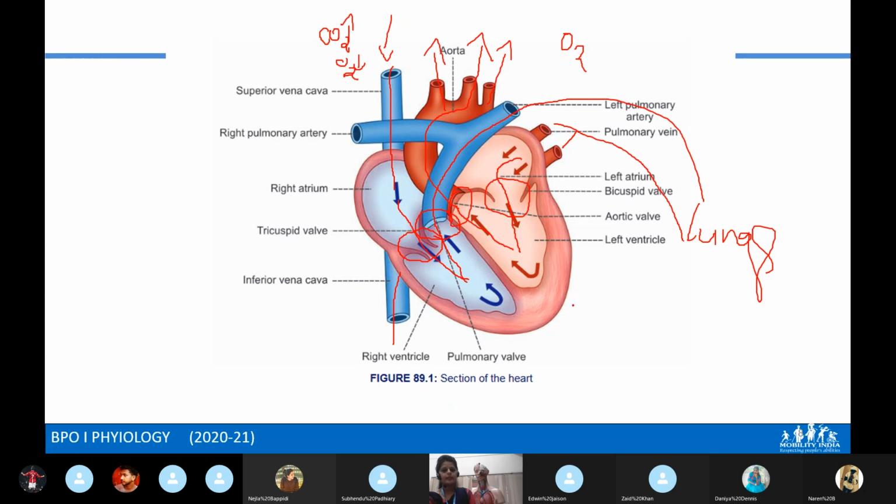That is why the left side, if you see, is a little larger compared to the right side, because mainly the pressure will be created from the left side of the heart.